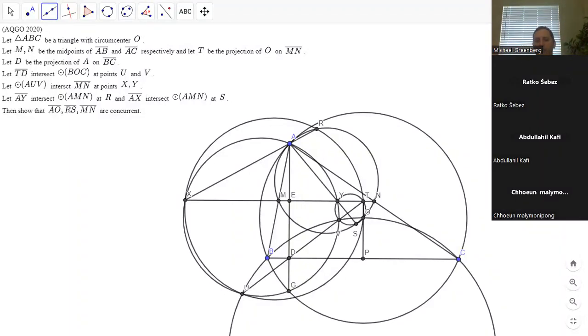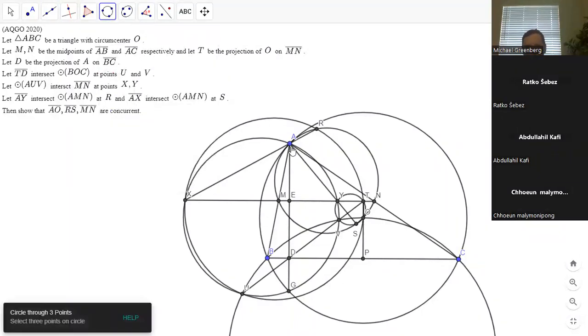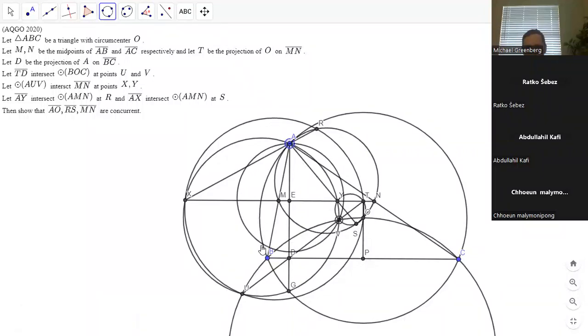Maybe there's a different way to show V lies on that circle. So could V be the Dumpty point? Let's see. So how do you define the Dumpty point? I forget. So I think if it was the Dumpty point, no, it's not, right?